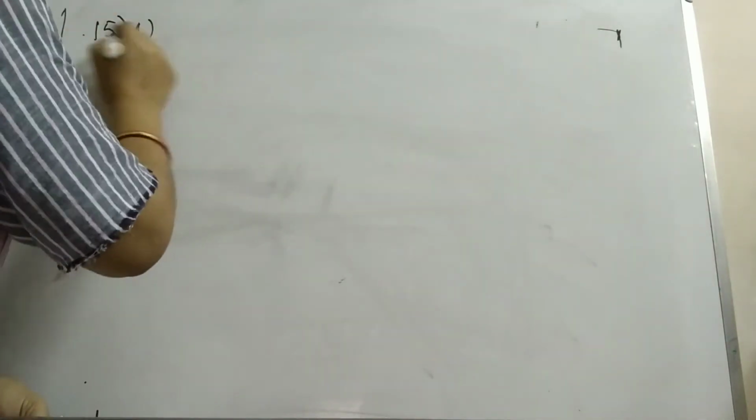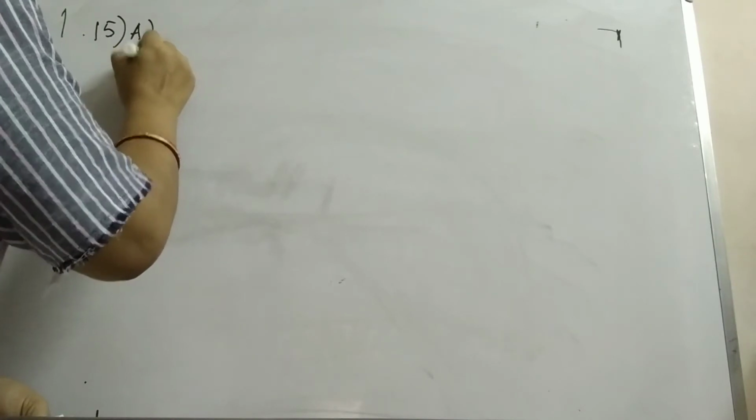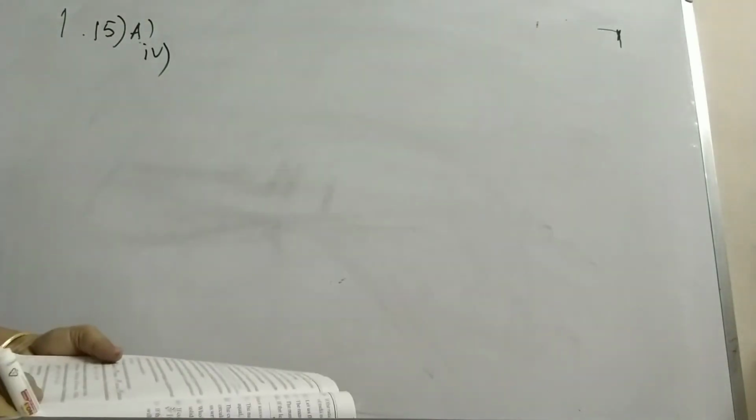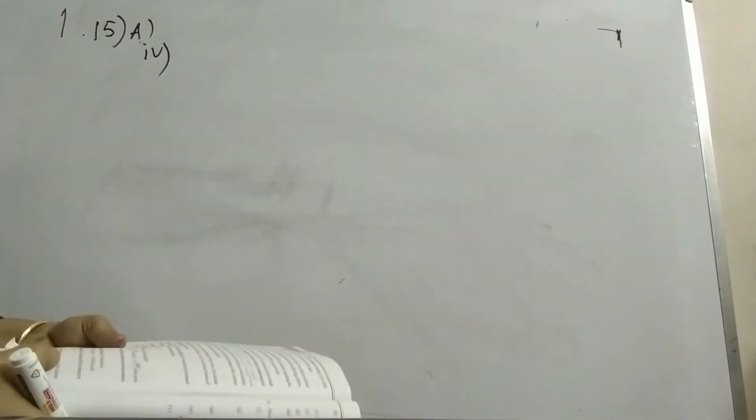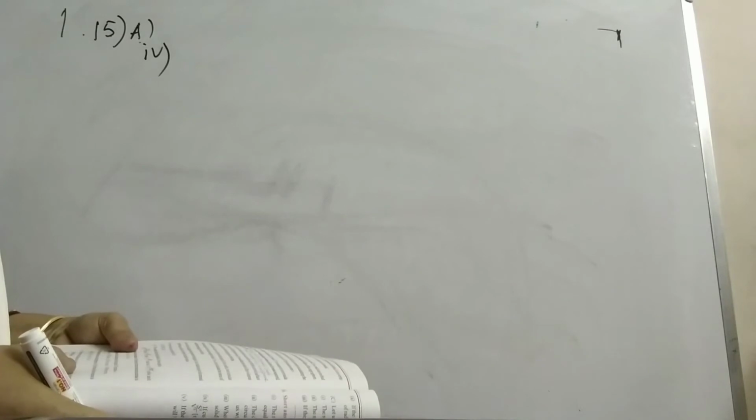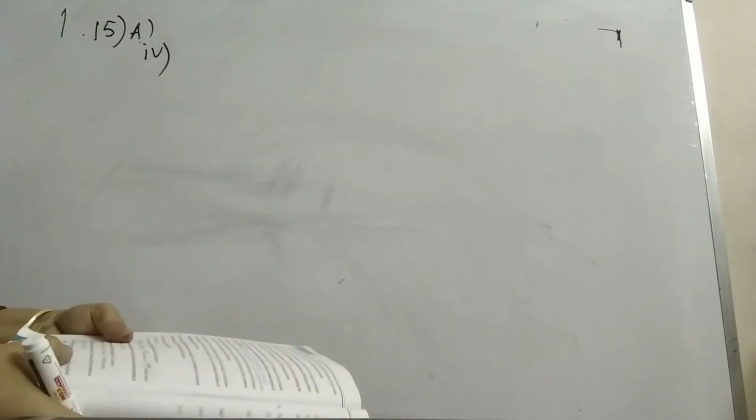Now I am going to the next sum, 15 A4. If the ratio of curved surface areas of two solid spheres is 16:9, the ratio of their volumes is what?